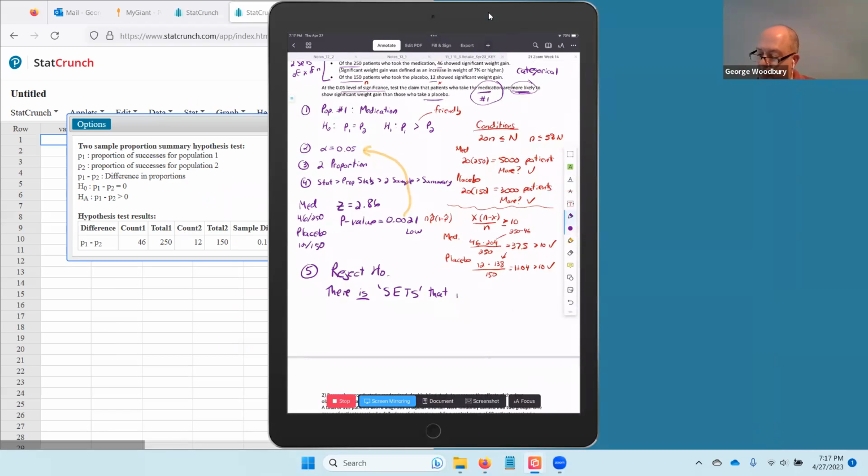That patients who take the medication are more likely to show significant weight gain than those who take a placebo.